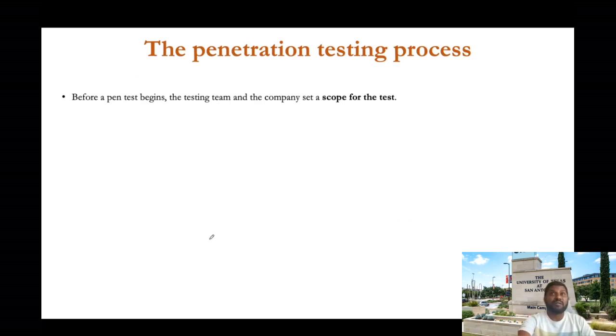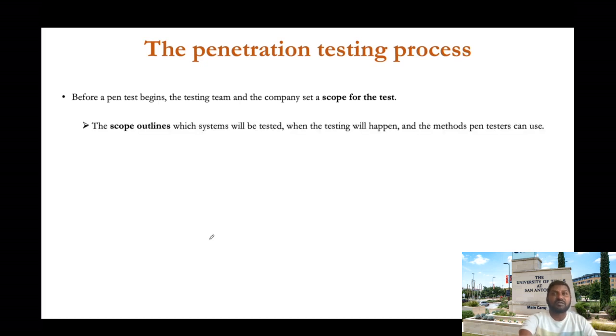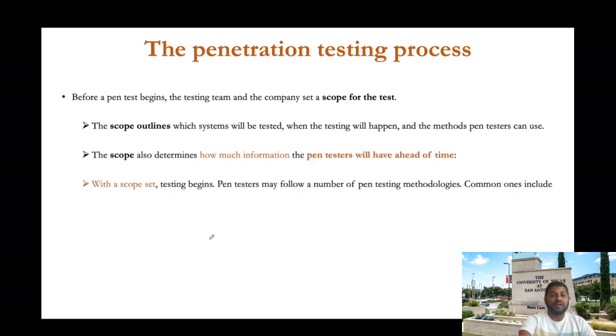So the scope will define that. When the testing will happen and the methods which the penetration testers can use are defined by this scope. The scope also determines how much information the pen testers will have ahead of time, so that they can do the penetration testing.